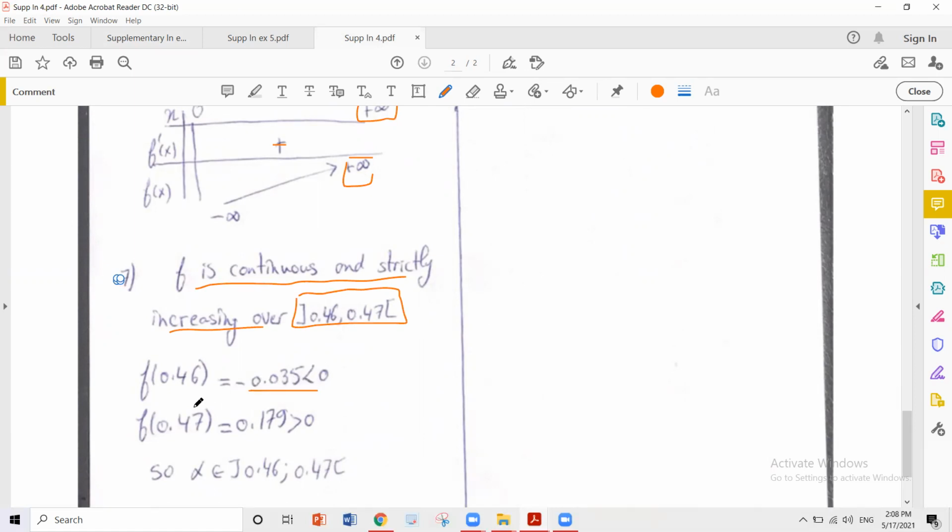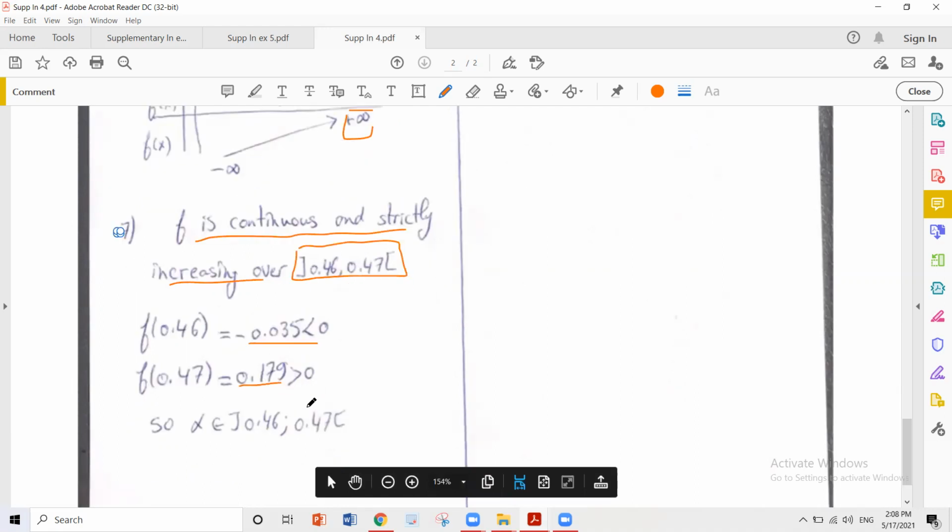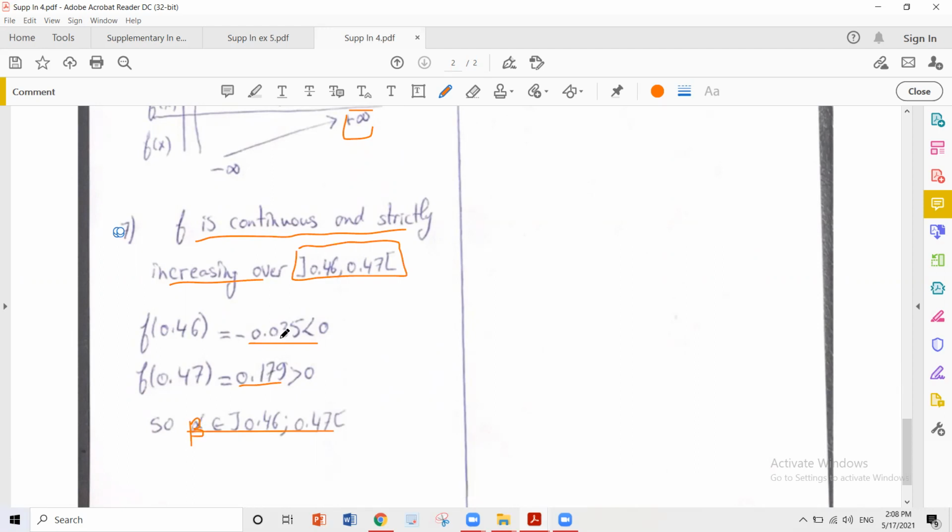And f of 0.47 equals 0.179, which is positive. So beta is between 0.46 and 0.47.